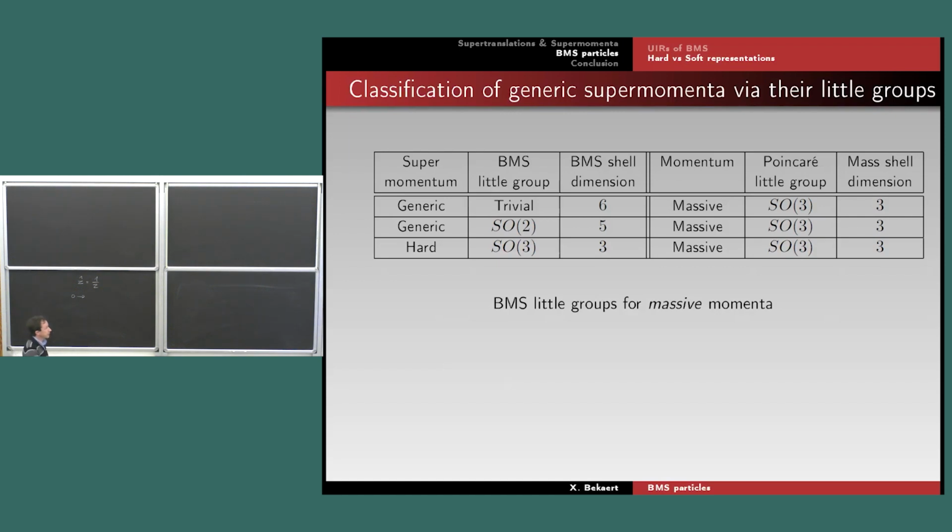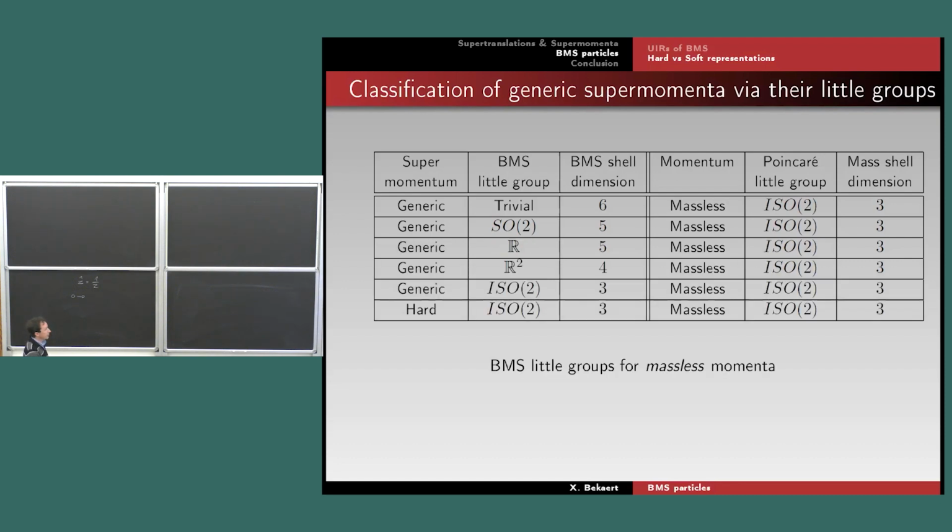And in that case, if you make the counting, this is 1-dimensional, 6 minus 1, indeed 5. You have a 5-dimensional BMS shell, which is indeed 2 dimensions more than the usual mass shell of Poincaré. And this will correspond to 2 directions where you could have extra physical degrees of freedom in this sense. And finally, you have the hard ones where they coincide.